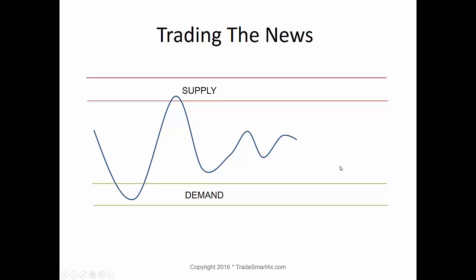So an approach that you can have to trading the news is this. If you can identify these areas of supply and demand, again, it's beyond the scope of this small video, then what you want to really be doing is buying in areas of demand. You may want to put your stop below the demand zone, for example, and selling in areas of supply.